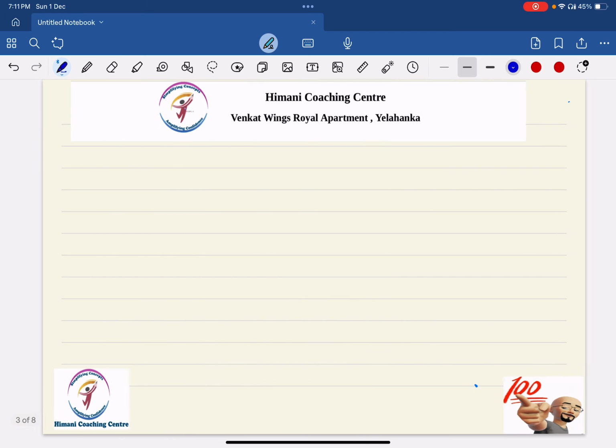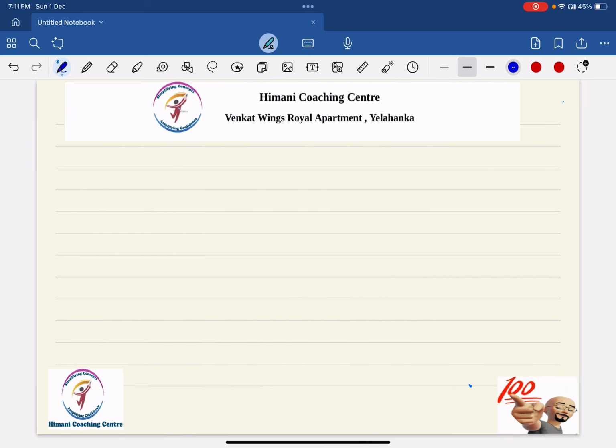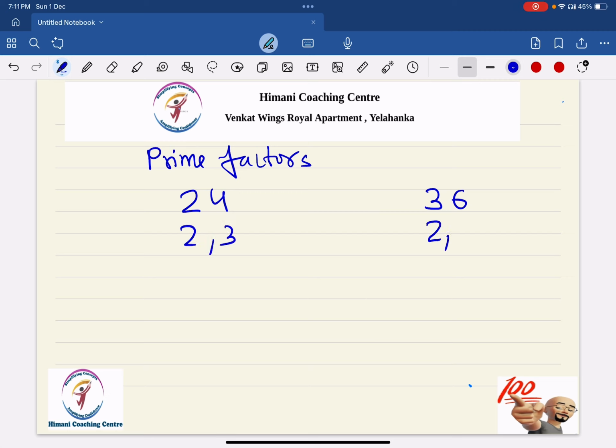So now we will look at just the prime factors, which we found. In the case of 24, 2 and 3. In the case of 36 also, 2 and 3 are the prime factors.